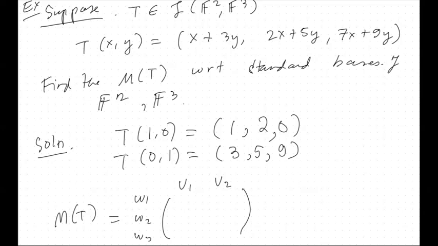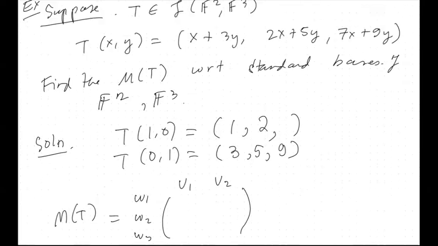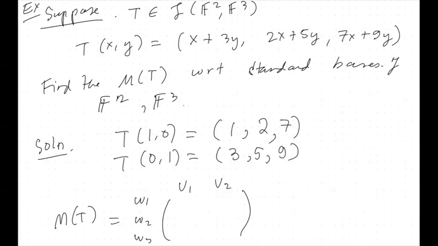Okay, this is not 0, this is 7. So for the first, we have 1, 2, 7, and then 3, 5, 9.